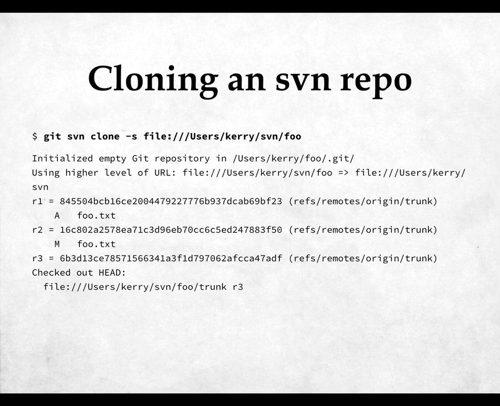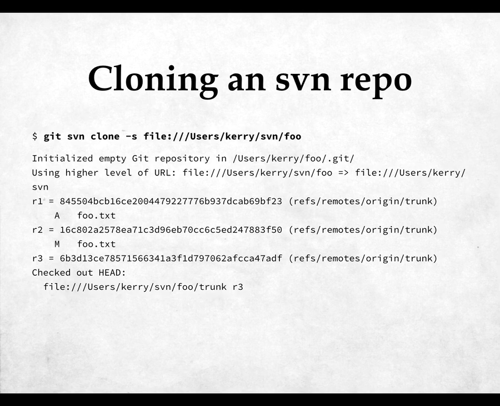And the -s option means standard layout, so most Subversion repositories have a trunk, branches and tags directory. -s just means assume that, and it'll take the trunk and make that the master, and it'll take the tags and branches and turn them into git tags and git branches. You can do that with more fine-grained control, and you can tell it which directory contains each.